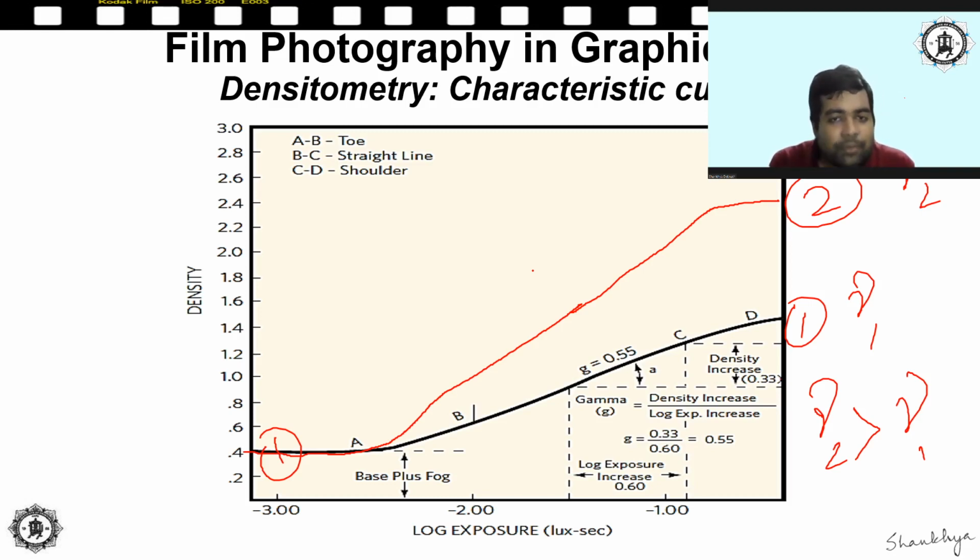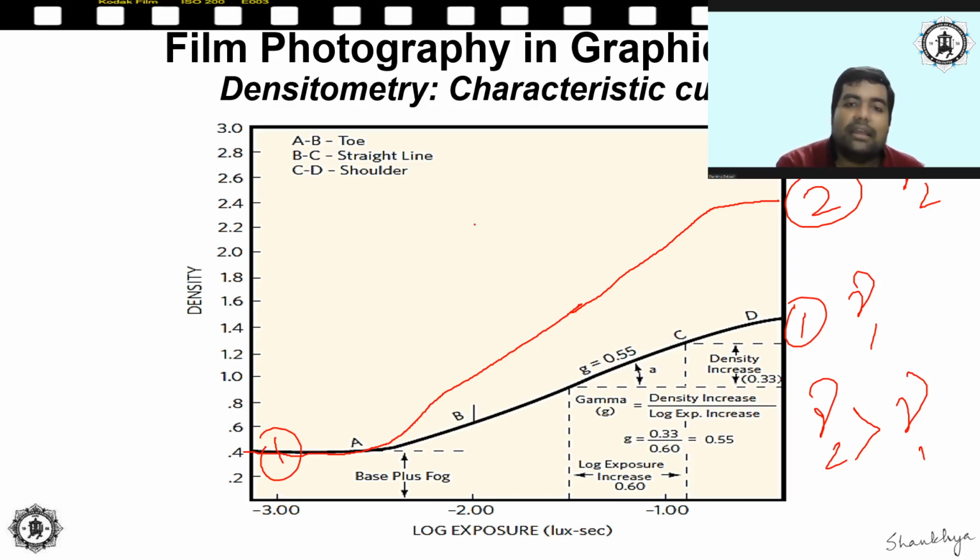So this is very important for you to remember: if I give you two curves like this, and ask you to calculate the gamma or contrast, and then ask which film has the greater contrast, then you will be able to do it, right?